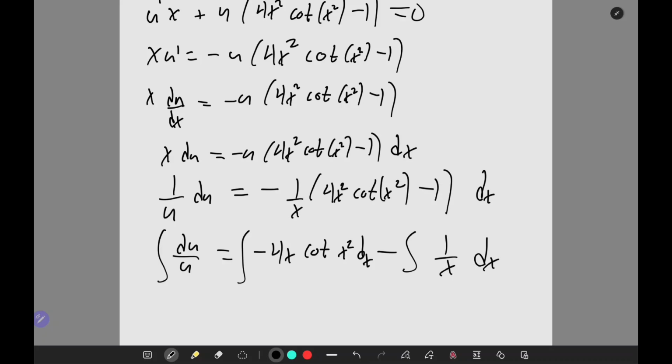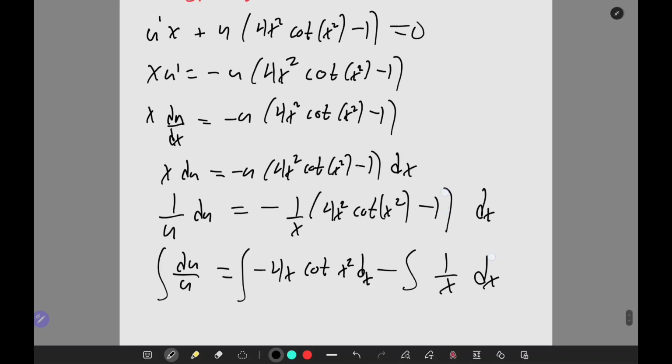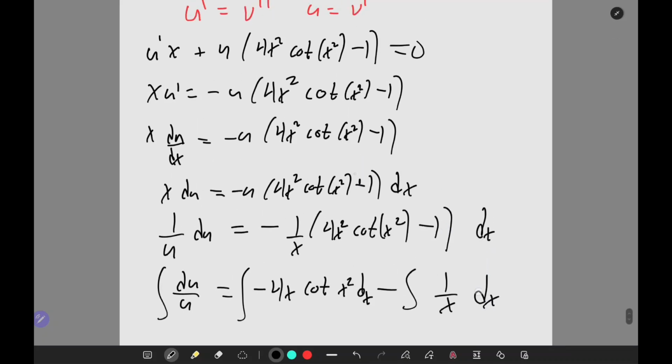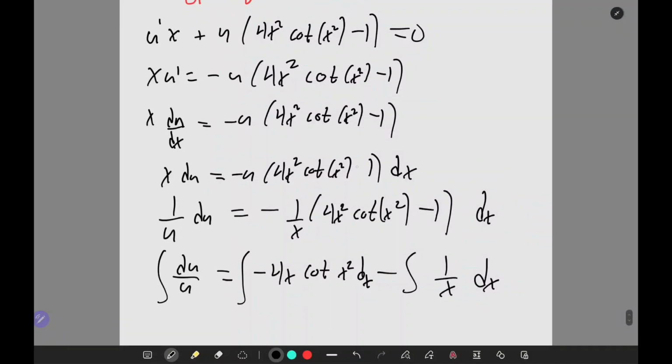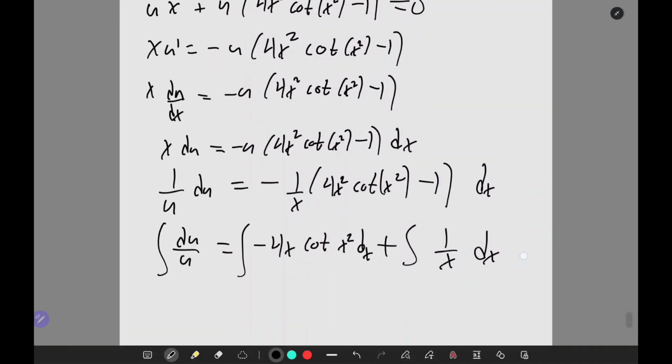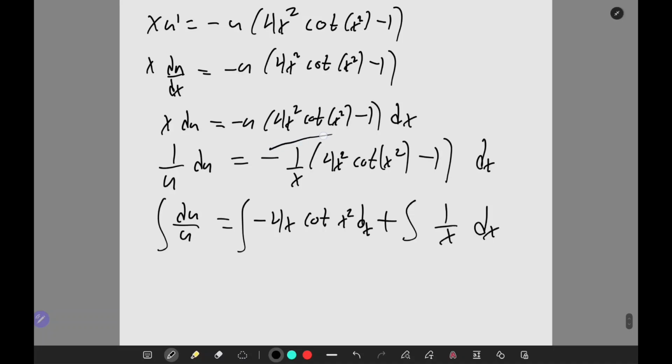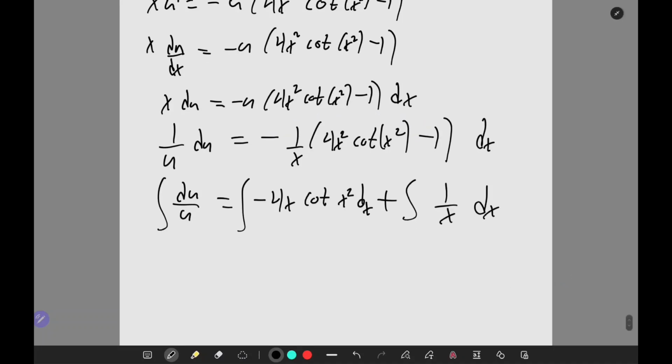Oh, wait a minute. What am I doing? This was already a minus 1 here, right? If I multiply that negative in, this would become positive. I forgot about that. Okay, now we're good.